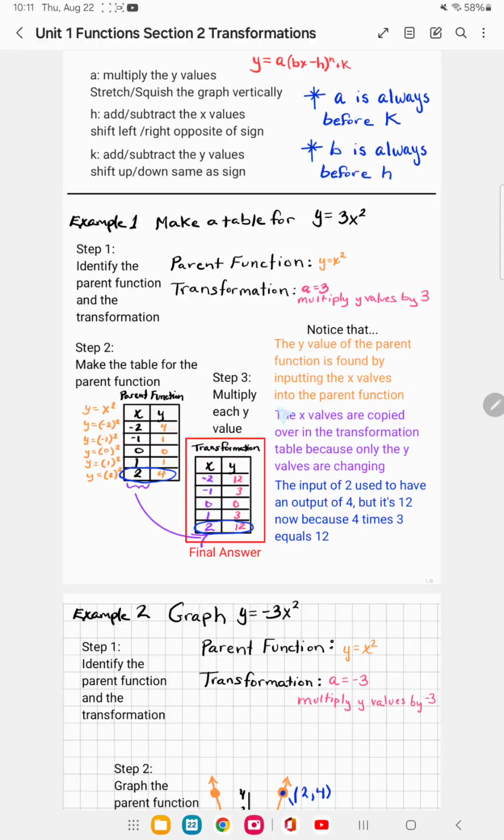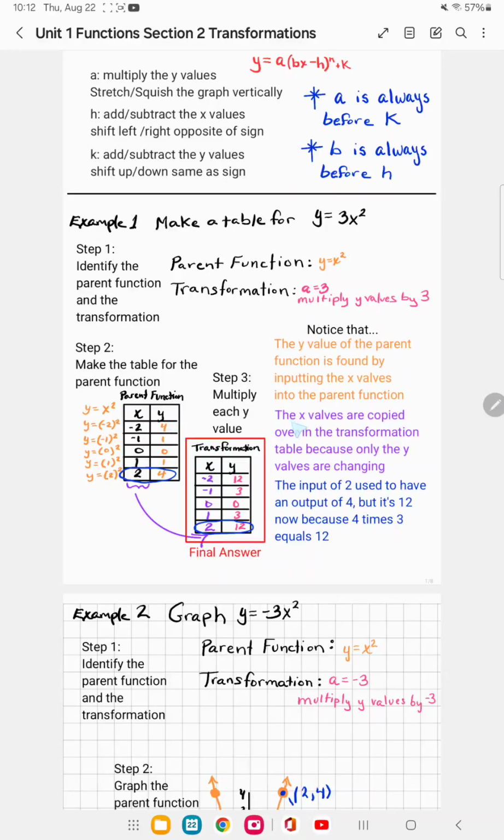Okay, so we have some things over here that we wanted to make sure we've paid attention to throughout what we've done. The first thing is that the y value of the parent function is found by inputting the x values into the parent function. So that's what we've done here. We take the x that we're given, put it into the parent function, and we get the y value that goes with it.